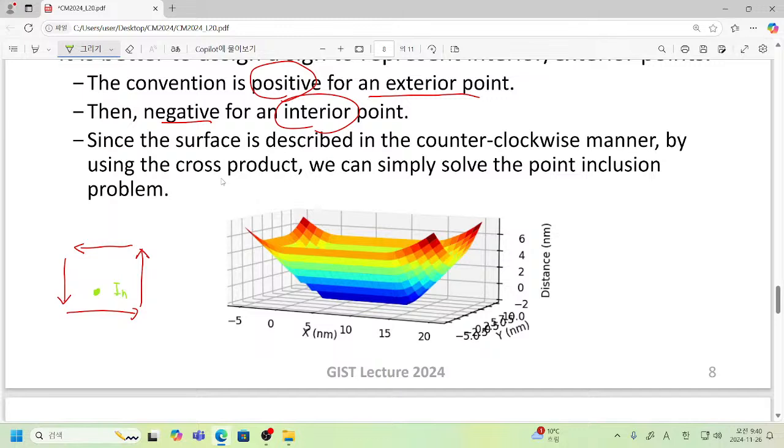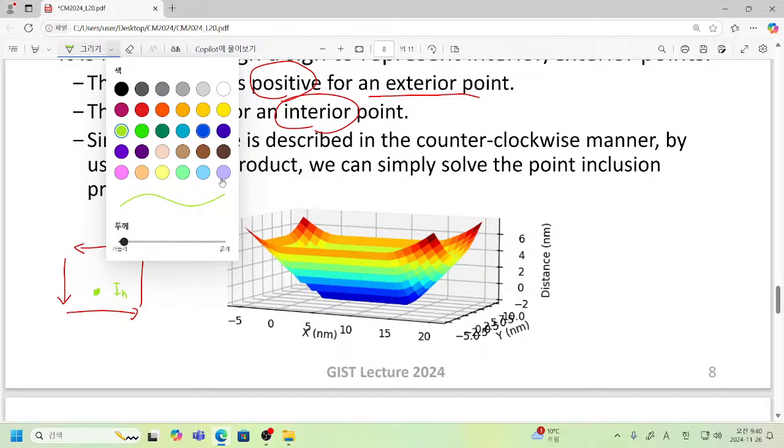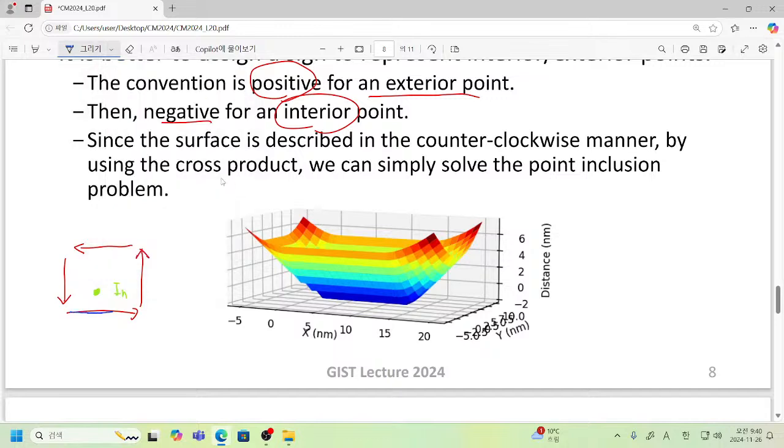It is quite easy. Think about the vector corresponding to an edge, and also consider a vector corresponding to this testing point. Then please try to calculate the cross product, not the inner product, between them.